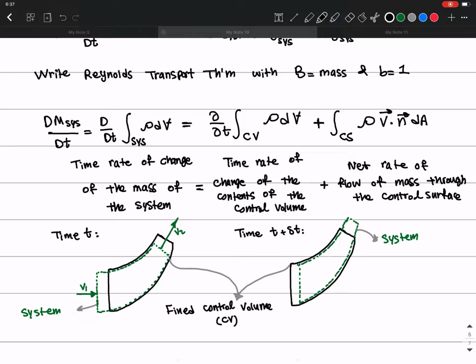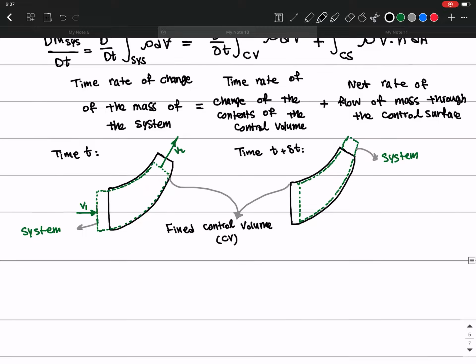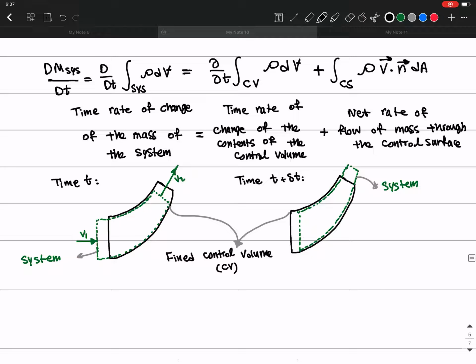So this is the system at two times, one at time t and one at time t plus delta t. And for a steady flow, let's see what would be the implications for this continuity equation.